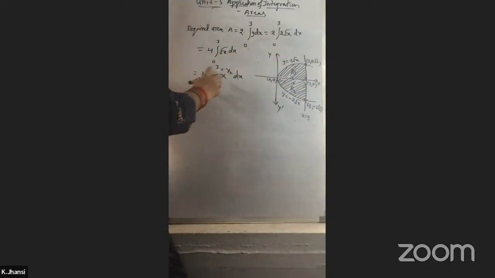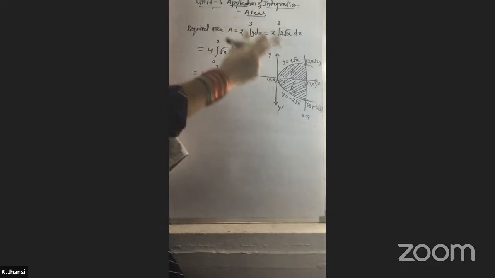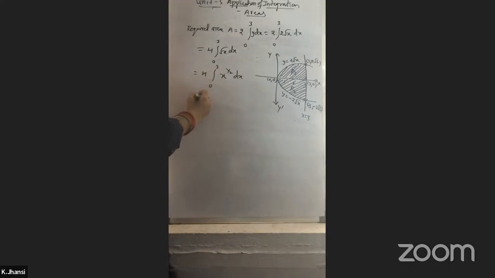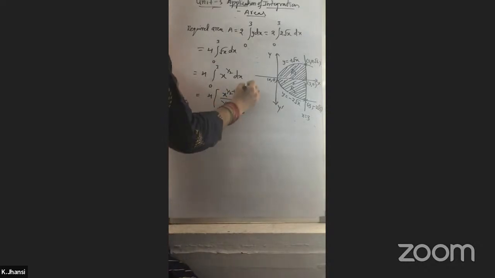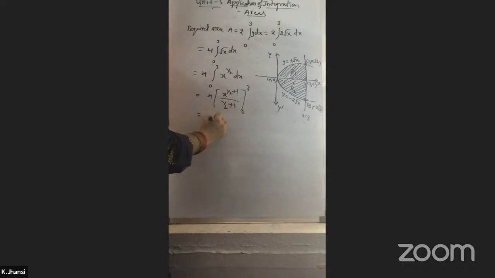Okay. So x to the power of 1 by 2: integration of x to the power of n is x to the power of n plus 1 by n plus 1. So if we take that, that is 4 into x to the power of 1 by 2 plus 1 by 2 plus 1, here 0 to 3. So it is 4 into 3 by 2. And here also it is 3 by 2, and 0 to 3.